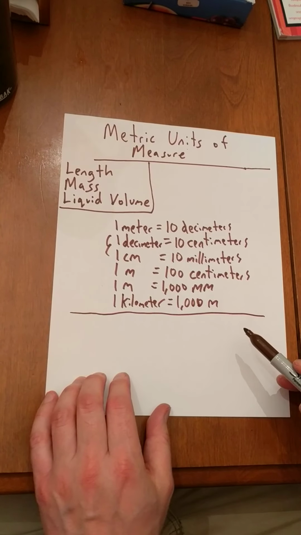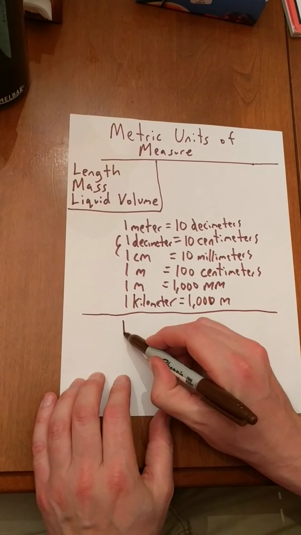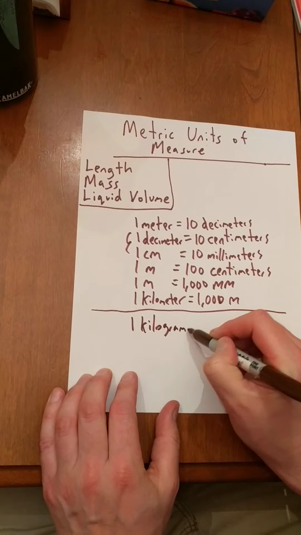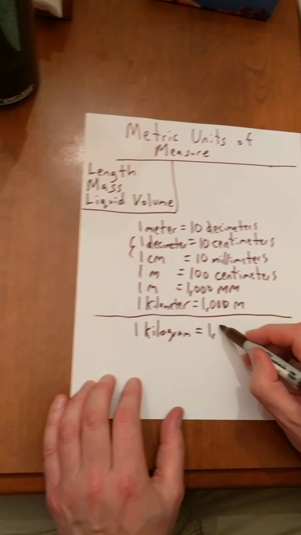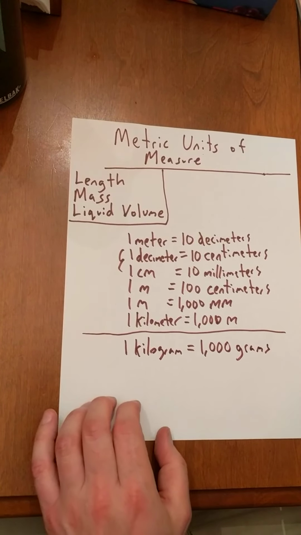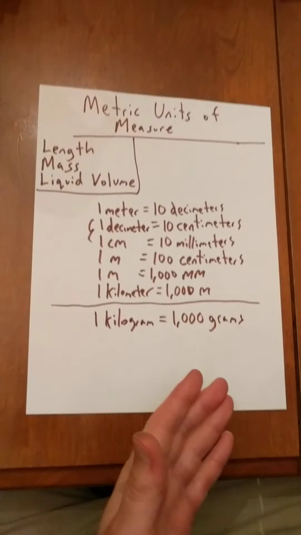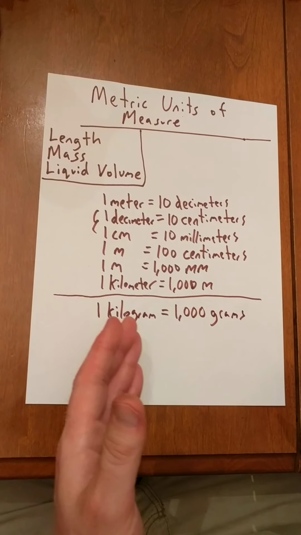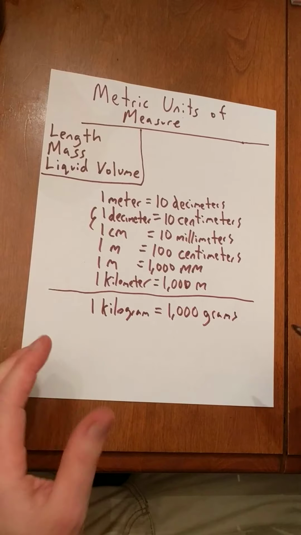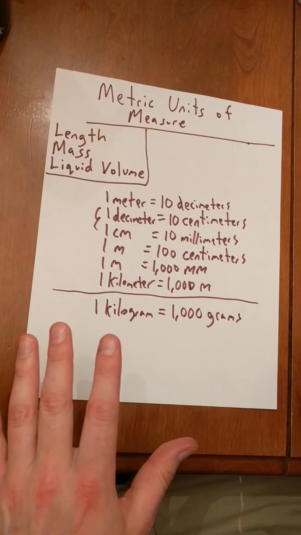We're going to talk about mass. Main thing in mass, a kilogram is equal to 1,000 grams. So a kilogram is larger than a gram. And if you have to convert from kilogram to gram, you're going to be multiplying by 1,000. And again, don't let the zeros trip you up.